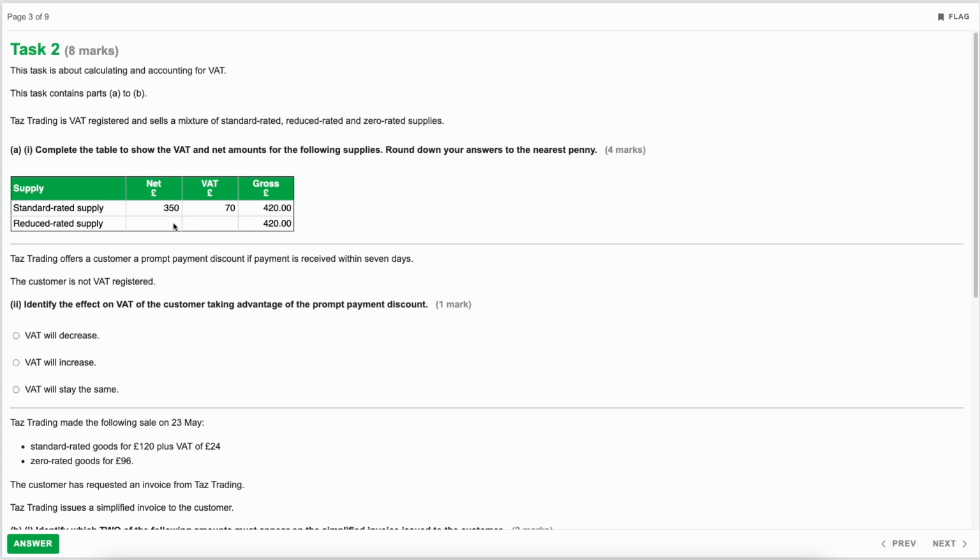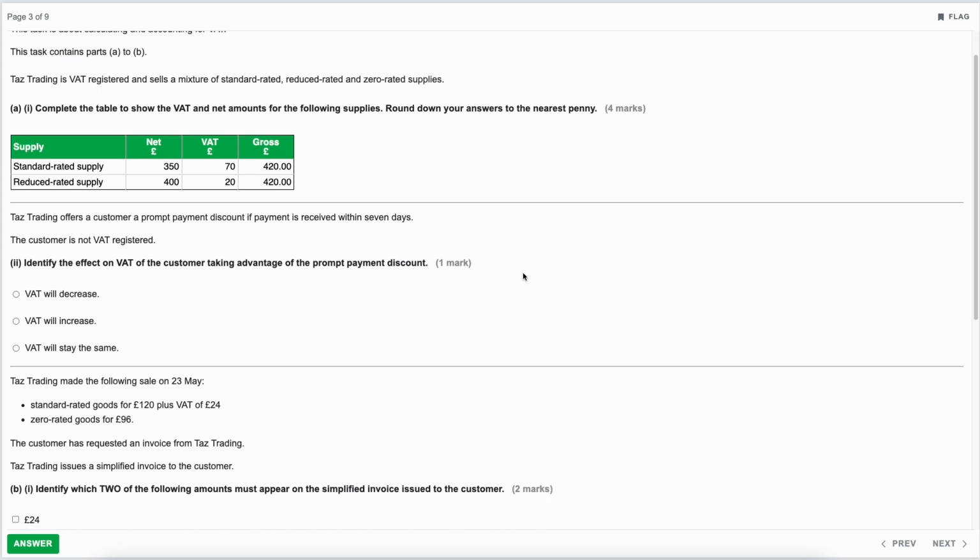And that gives you a net amount of £400. And then again, to get the VAT, we can just do the difference between the two, which is 20. Alternatively, you could have done 420 divided by 105 to get 1% and then multiplied by 5 to get your VAT amount. However, it is just easier to do the difference between the net and gross once you've worked out the net, of course.